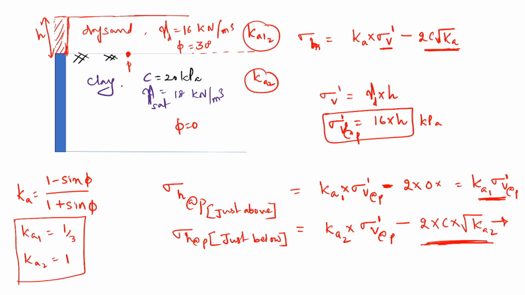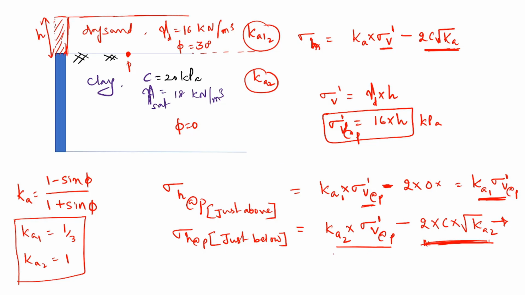So initially it was positive due to the dry sand till just above. When you are going below, the maximum deduction will happen at the top of the clay, because just above and just below, the sigma v is constant, and you are deducting this much.